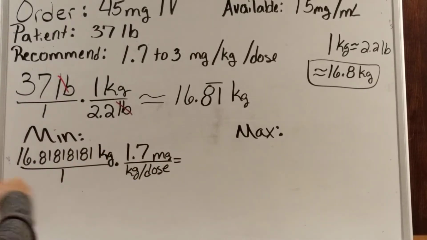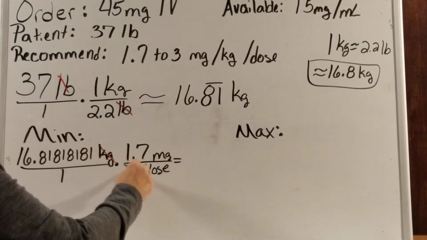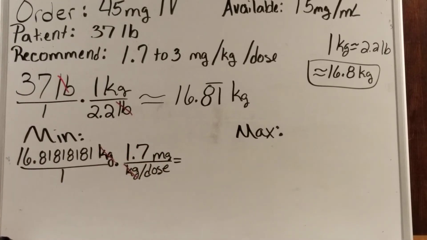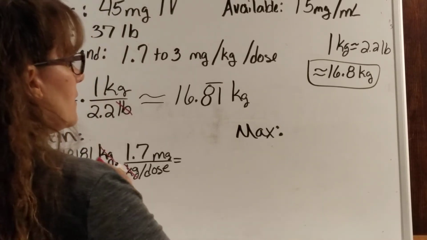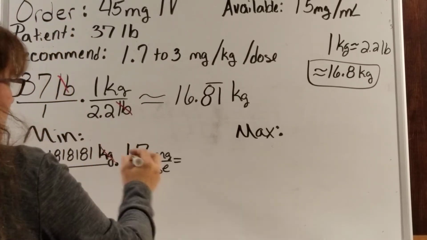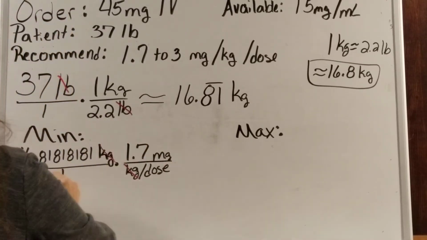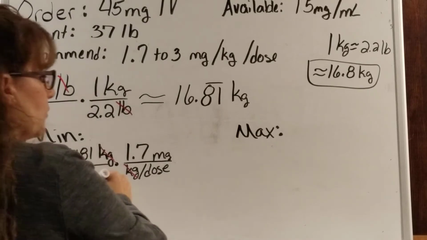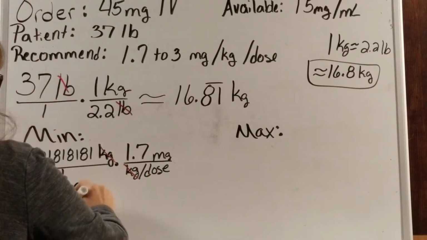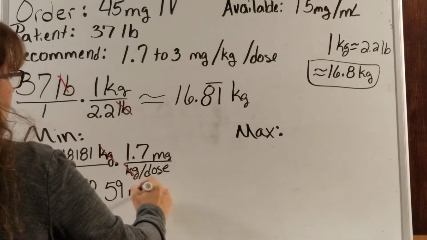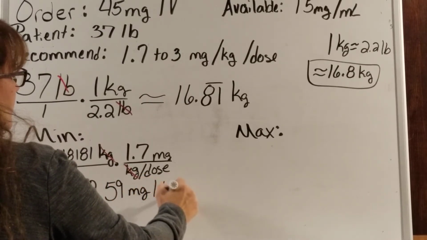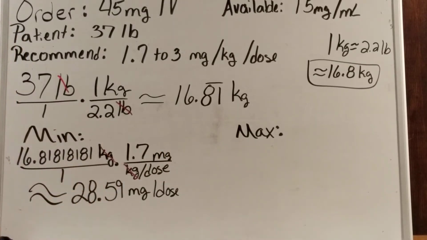So I mark out what I don't need, and I'm left with milligrams per dose. We did that great. So now we have 16.818181 times 1.7, which gives me approximately 28.59 milligrams per dose. I rounded to the nearest hundredth on this.